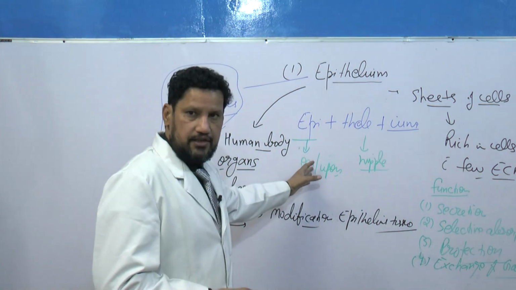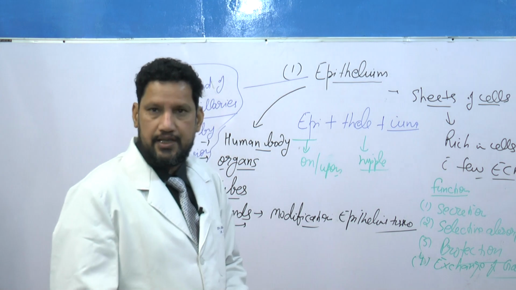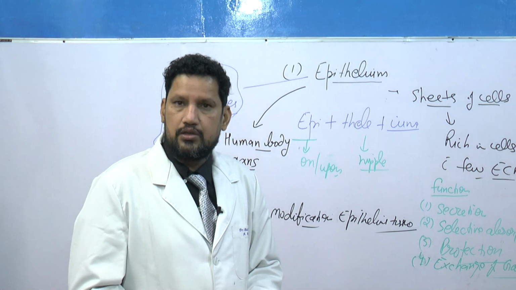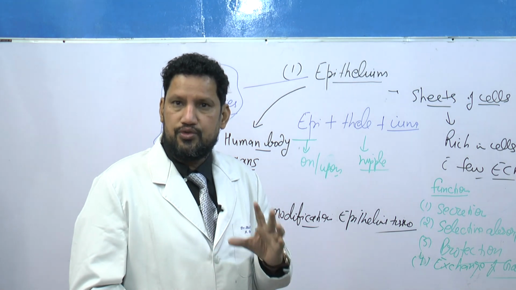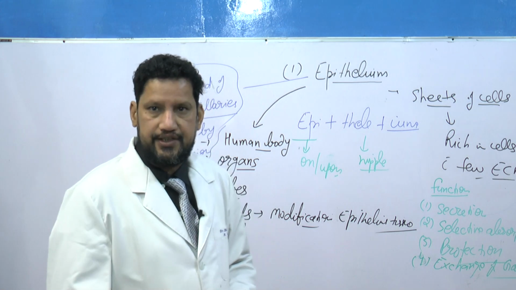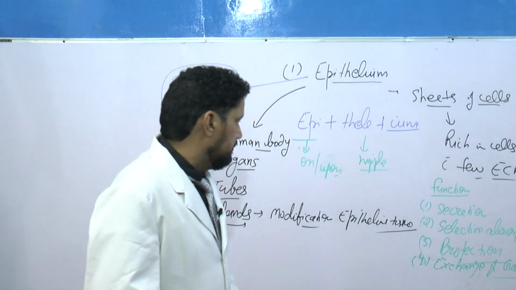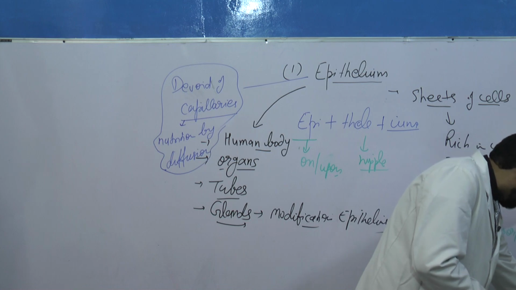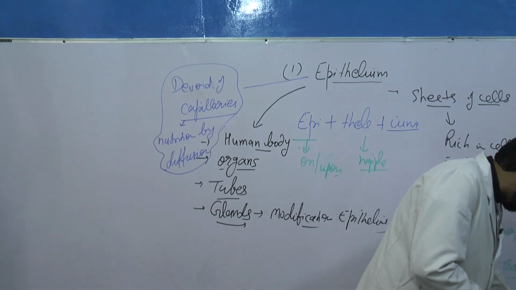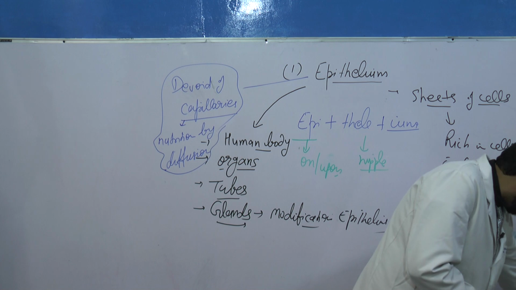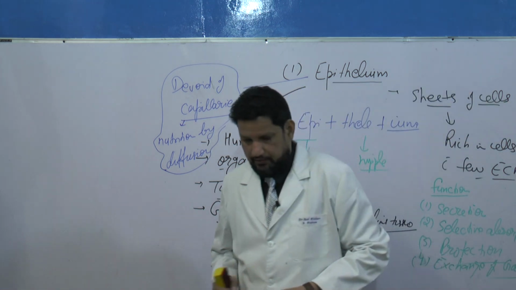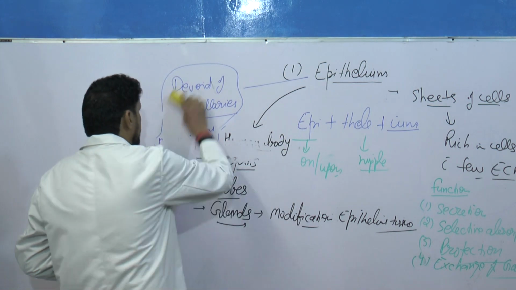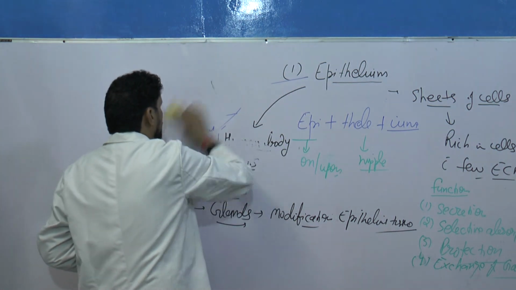The traditional, primary classification and nomenclature of the epithelium is based on two criteria.